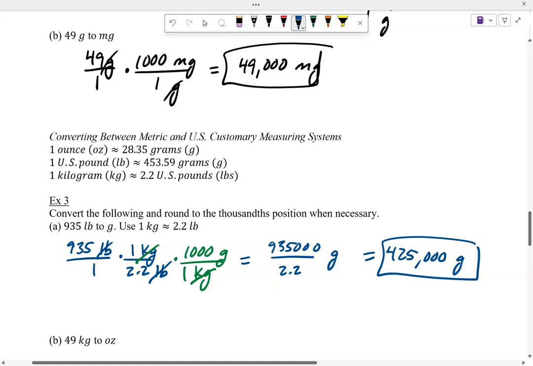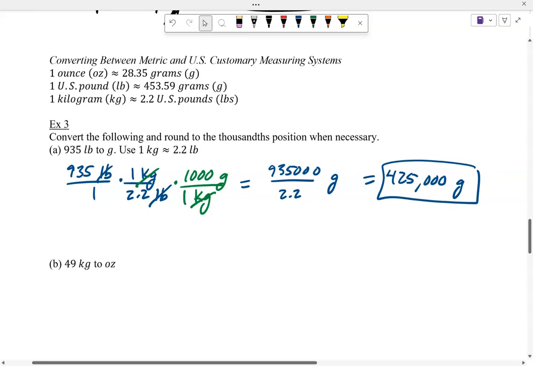Okay, let's go from kilograms to ounces now. So I'm going to go from kilograms to grams, and then from grams to ounces. That's my plan here. Okay. So let's take the 49 kilograms, and I know there's 1,000 grams for every kilogram.